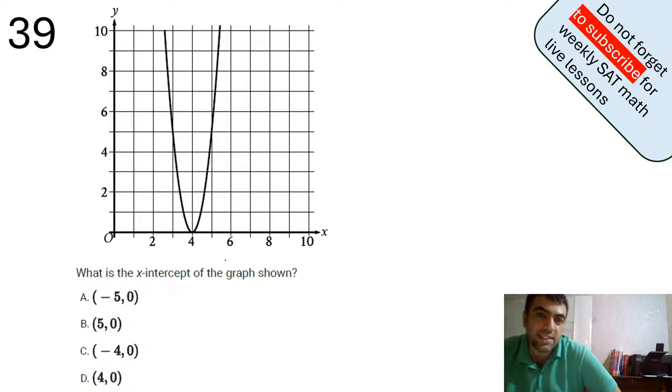Next question, what is the x-intercept of the graph shown? Mr. Saif says it is D. What about Shahin?